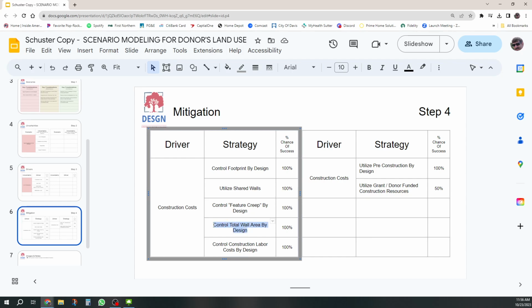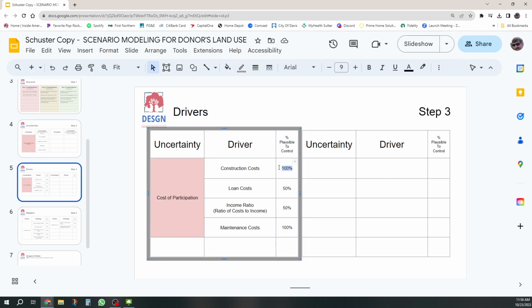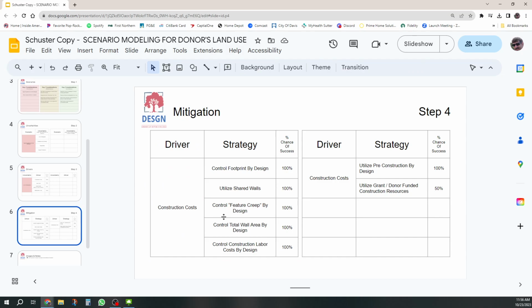So we can control that by design also. And then we can also control the labor construction costs by design. We know what construction methods cost more than others, and we can design with those in mind. So controlling construction costs, we do have a 100% chance of success. So this guess up here that it's plausible to control came out pretty good.